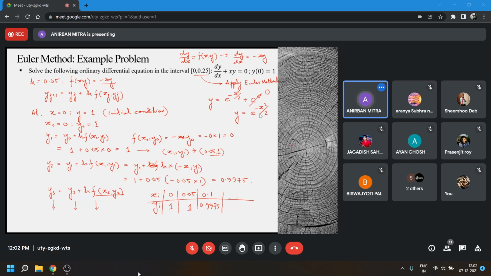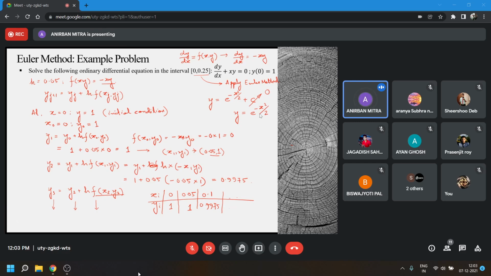If you put it into the calculator, which I have done already, you will get a value of 0.999, something like that. So basically, that's where the error comes from. Euler method may provide you with a stable solution.